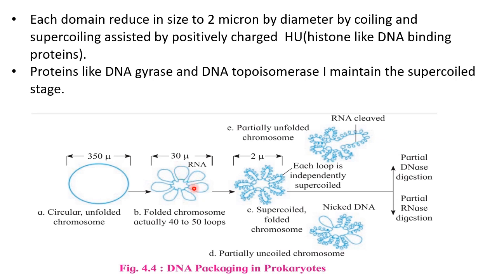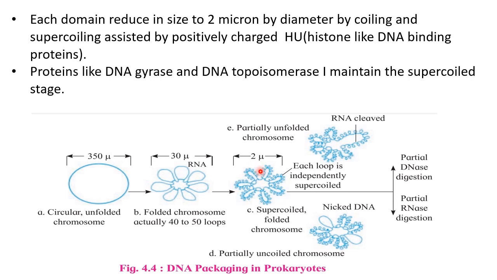Then in the further diagram, that is diagram C, we see a supercoiled folded chromosome. That means the DNA in each loop independently supercoils, or further each loop or each domain undergoes supercoiling, and due to this supercoiling the size of the chromosome is reduced, that is up to 2 micron.